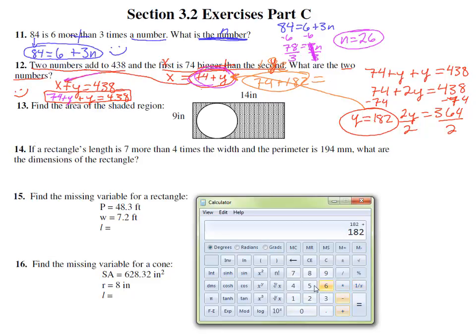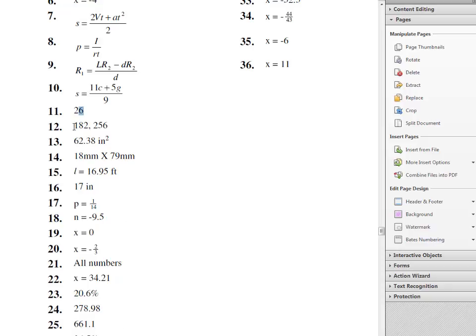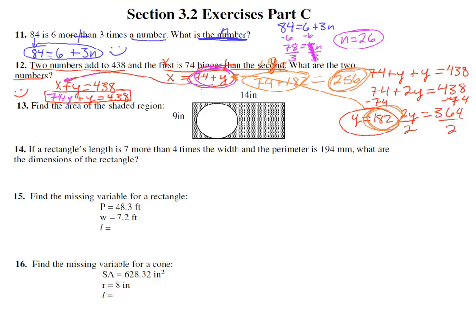We have 182 plus 74, and that equals 256. So there's one of our numbers, and there's the other one. 256 and 182. Let's check our answer. 182 and 256. Excellent.